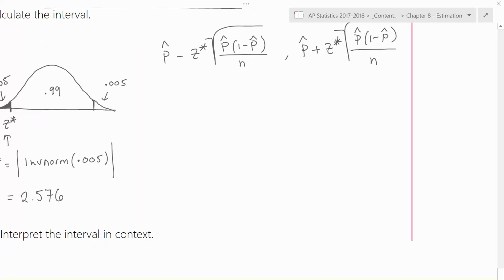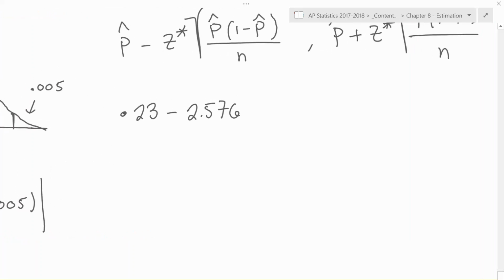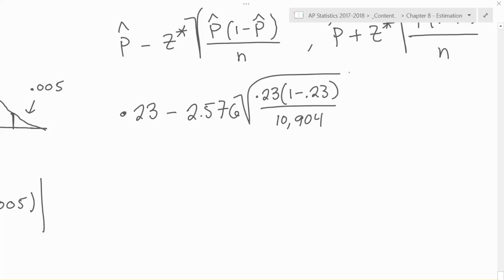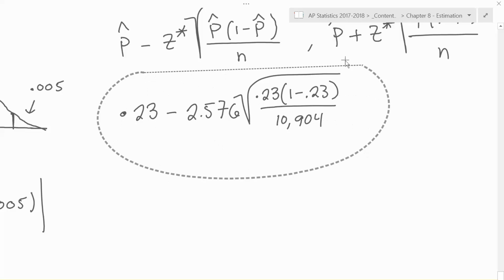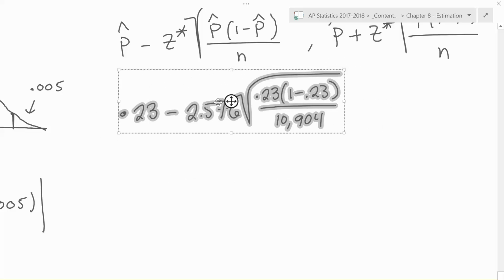All right, so then we can plug in because now we know everything. So we're going to go ahead and say 0.23 was our estimate, 2.576 was our critical value. And we can already see we're going to get a very small standard deviation, very small standard error.